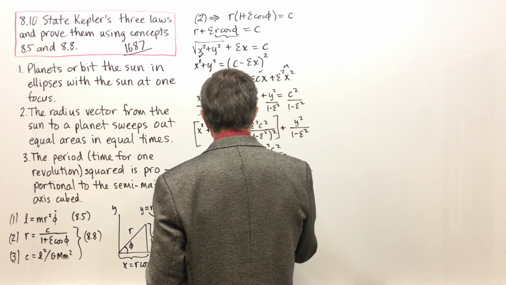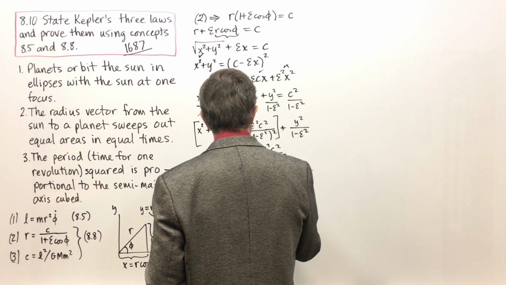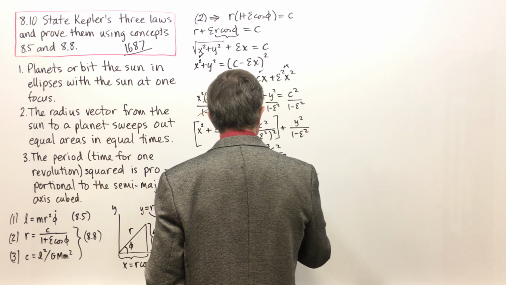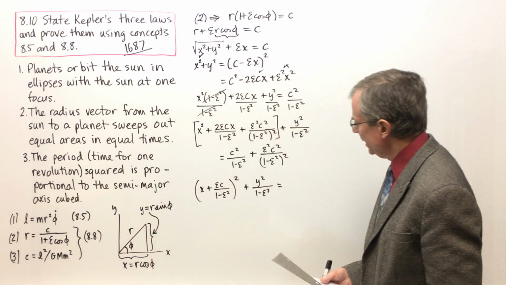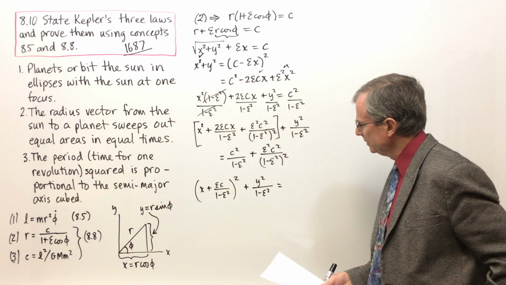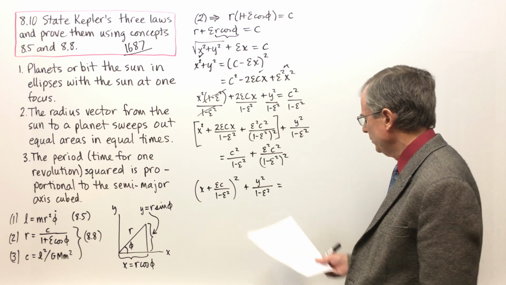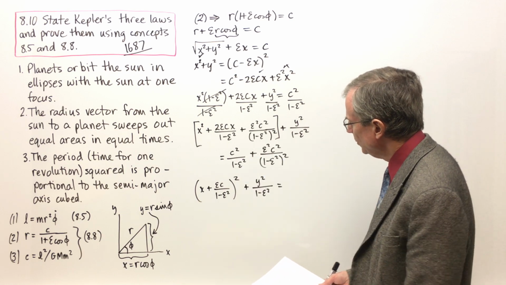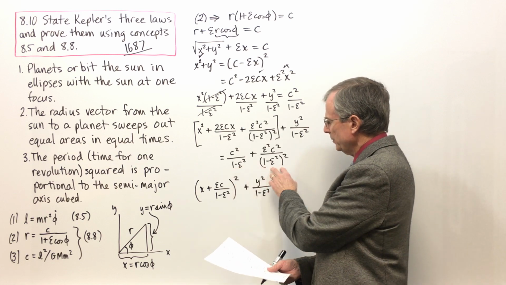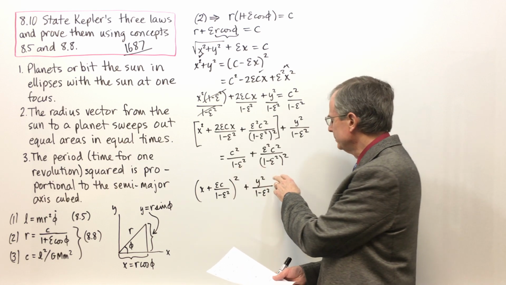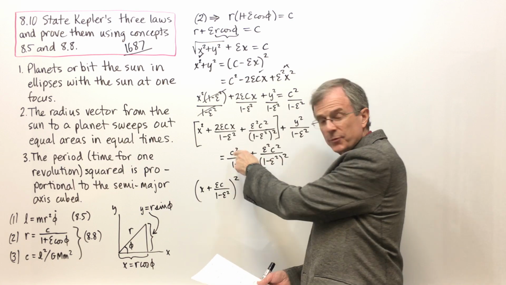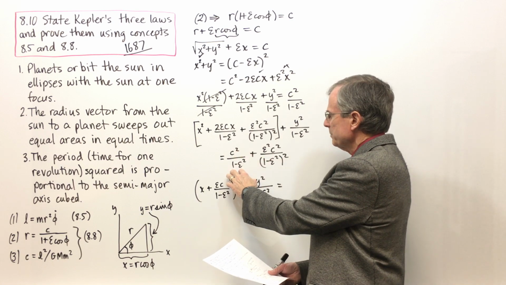Plus now, the right-hand side is looking a little bit nice. We can factor out a c squared. And if we want to get a common denominator, then I can multiply numerator and denominator of this first term by 1 minus epsilon squared.